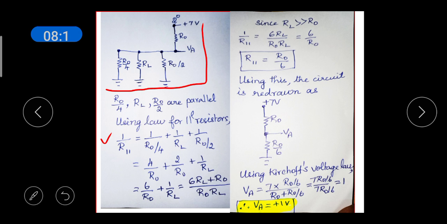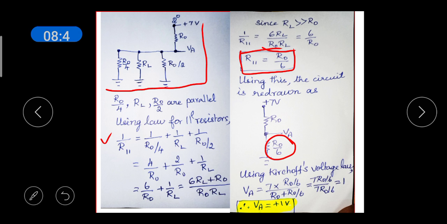So this 1 by R parallel is equal to 6 by R0, or we can write R parallel is equal to R0 by 6. Using this, the circuit is redrawn like this.